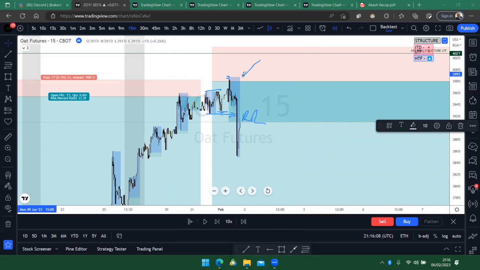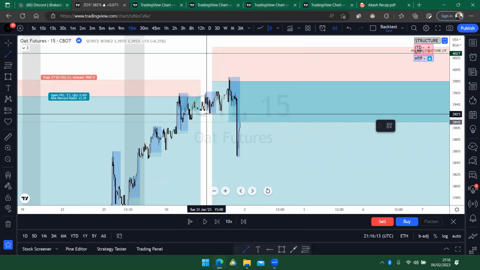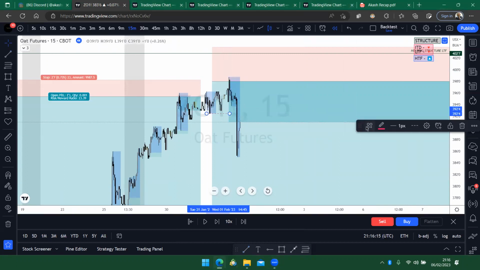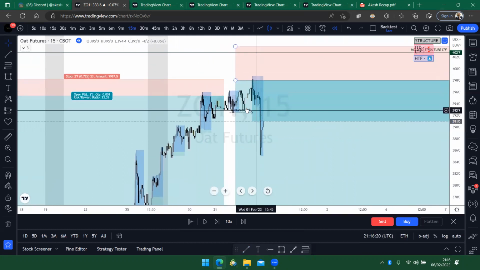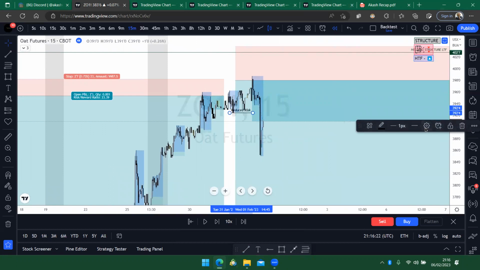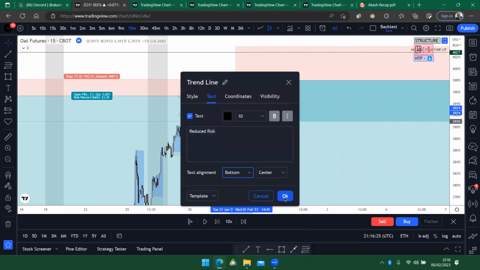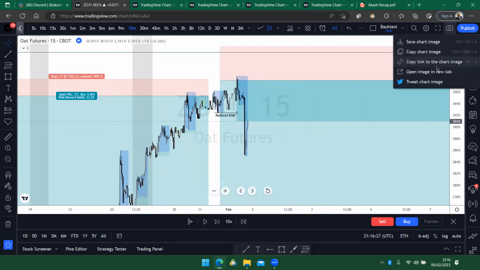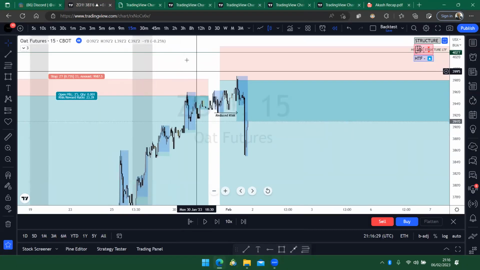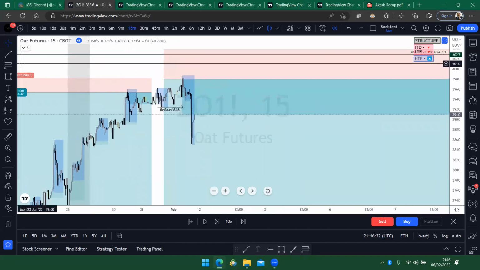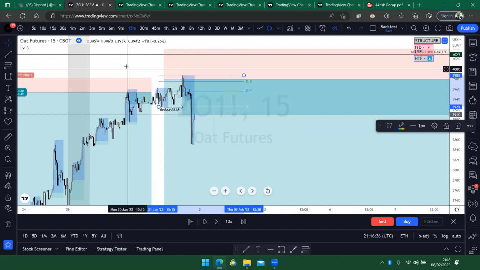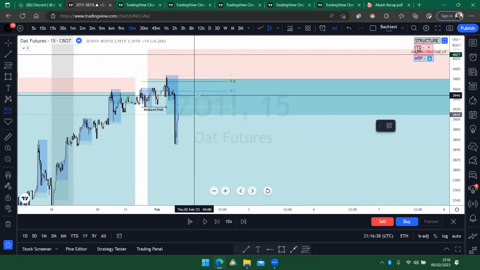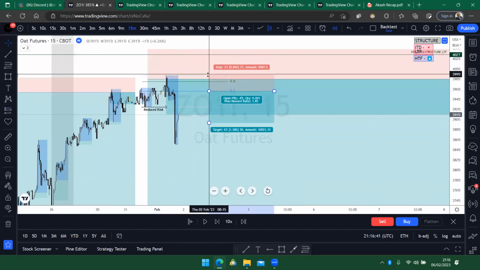So we reduce risk on this one. We'll reduce risk on that one. Hold on, let me just bottom, there you go. Okay, we'll reduce risk on that one, and then now we can throw the rest of this. So we can do that to that, and then throw a risk here.